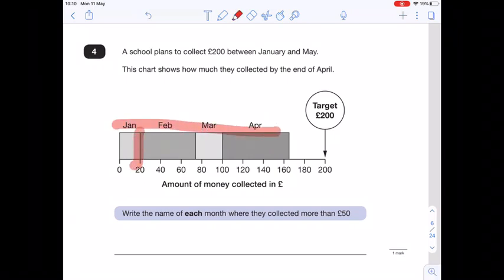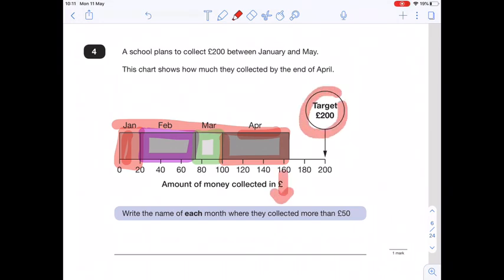So this is how much they earn in January. This is how much in February. And this one in March. And this one in April. Okay? And altogether, that's how much they've raised out of their target of £200.